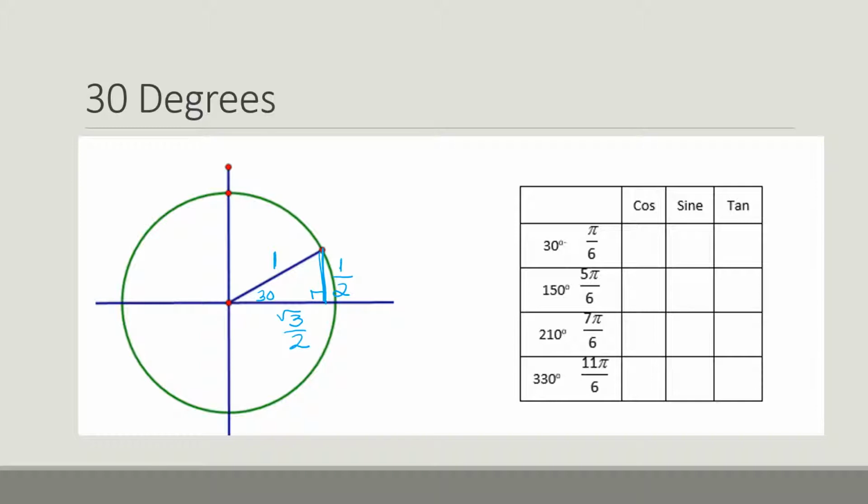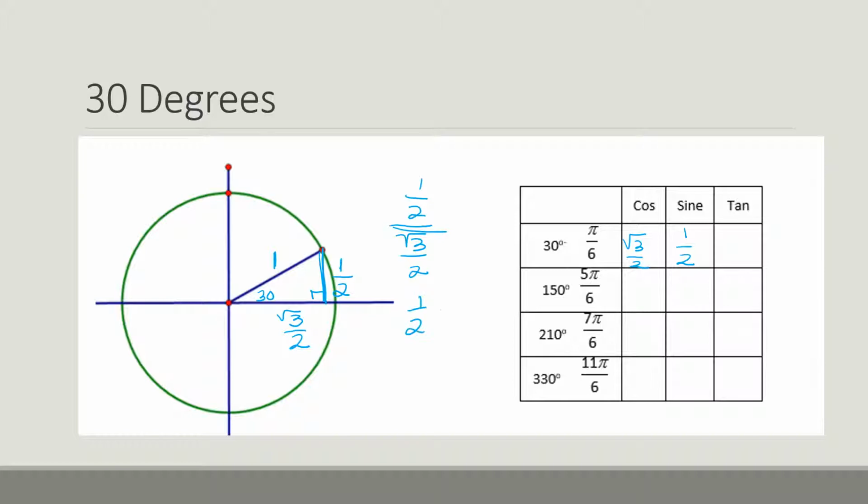So remember, our cosine is the adjacent over the hypotenuse, so this would be √3/2, and our sine is opposite over hypotenuse, which would be 1/2. The tangent is opposite over adjacent, so 1/2 over √3/2. With a complex fraction, we're going to flip it and multiply.